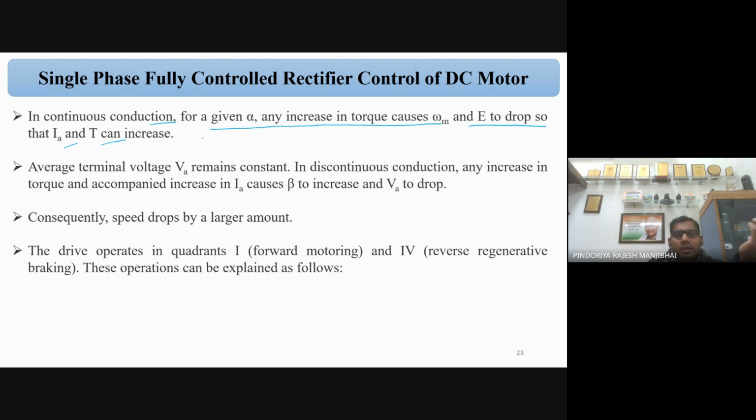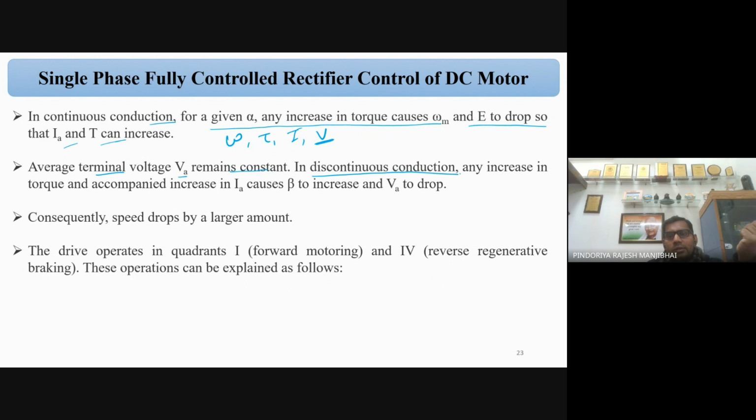That is the relation between speed, torque, current, and voltage: if you increase or decrease any one quantity, it affects the others. The average terminal voltage Va remains constant, that is the armature voltage.